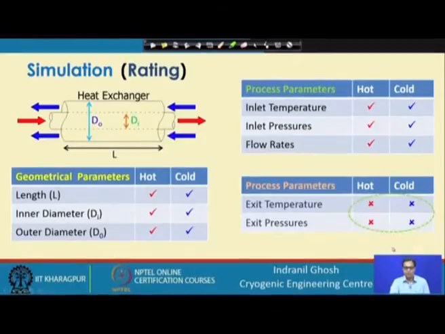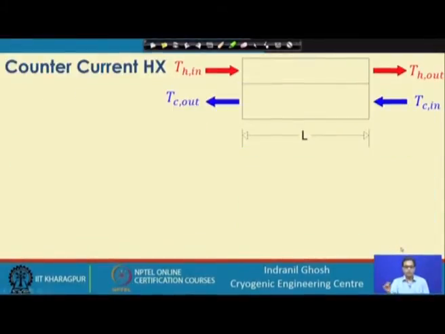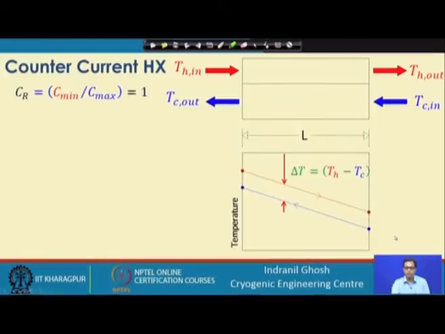Now we want to try the design of a counter current heat exchanger, and here is an example. We will assume a simple situation by assuming CR, or C min by C max, equals 1.